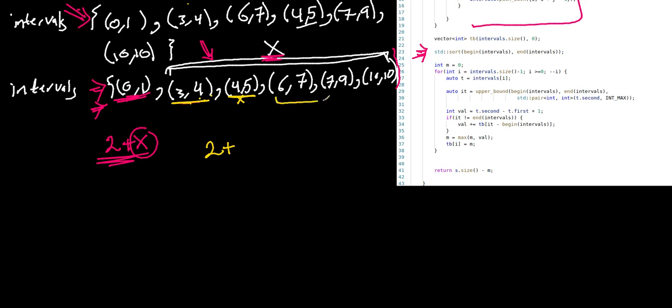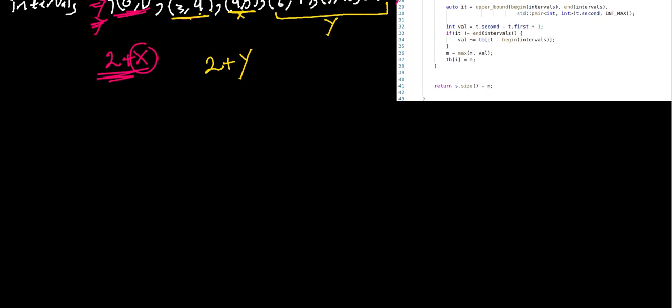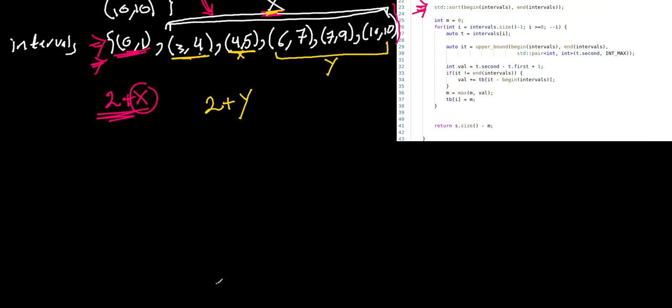Now if we know the solution for this part, which is y, then x will become 2 plus y. Then again we need to solve for the smaller subproblems, so we are using dynamic programming to solve this question.